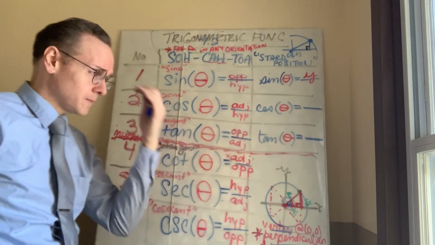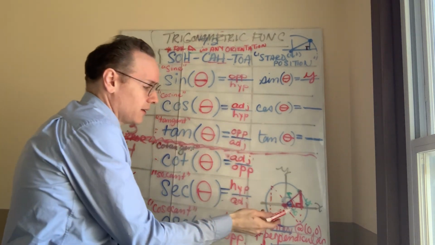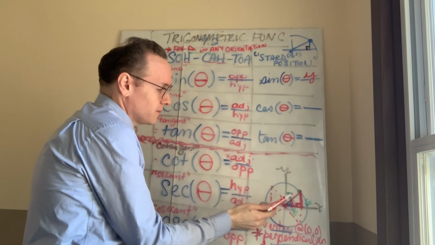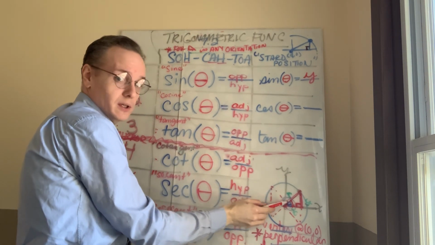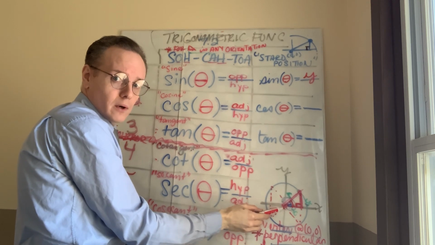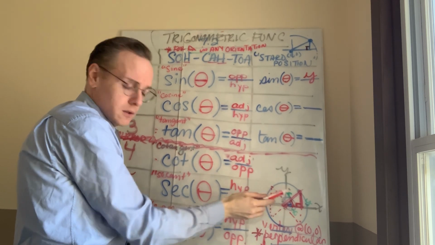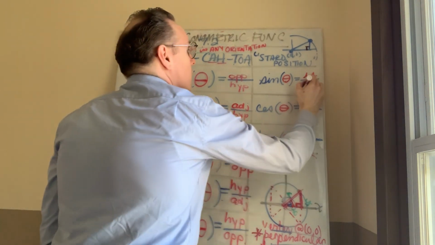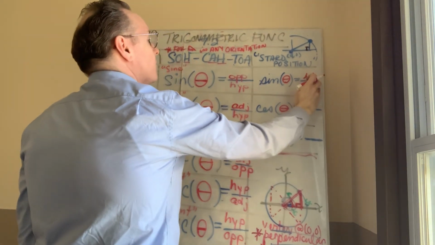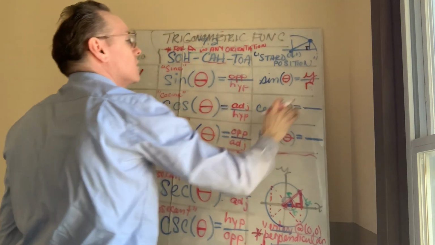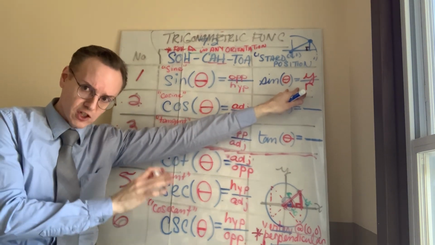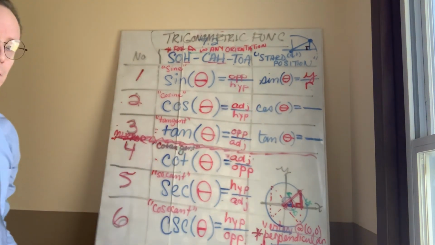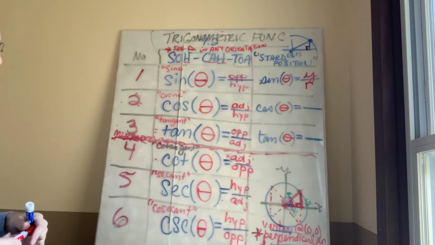And in place of hypotenuse, which is always the longest side, stretching from here to here in the drawing, we're calling it r. This is more practical for problems that you see in section 7.3. Y over r is sine.